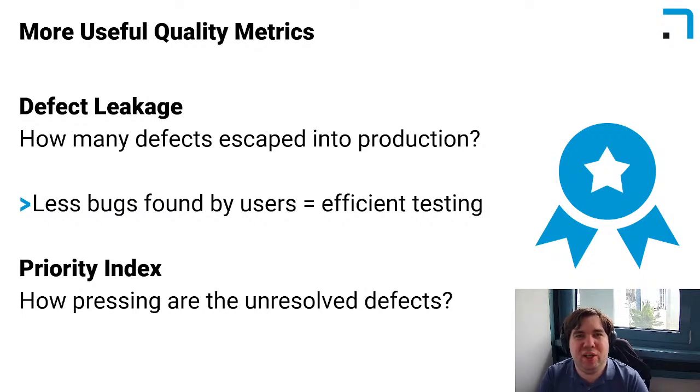They maybe give some wrong data or information, or maybe it's displayed somewhat incorrectly. But they're not as pressing as a number one defect, which may cause the entire application to crash. Having a good idea of the priority of these defects is a great indicator of how testing is progressing as well.